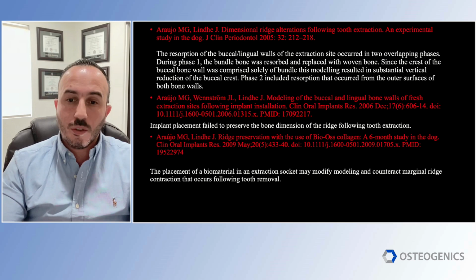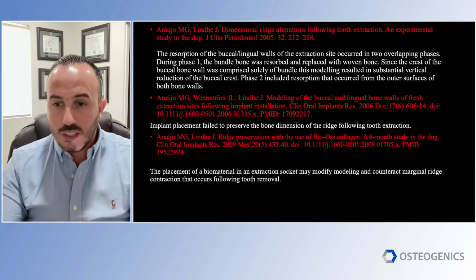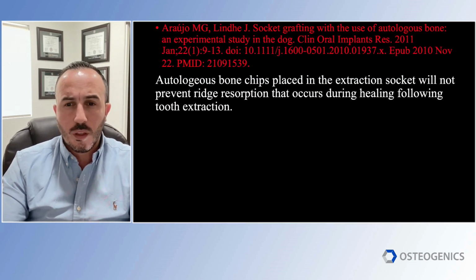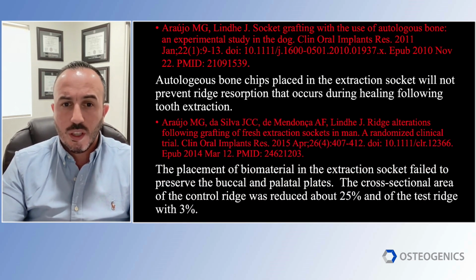What if we place a material with incomplete resorption, like Bio-Oss Collagen? Would that prevent it? It did a great deal in modifying and counteracting the ridge contraction, but at the same time, it did not prevent it 100%. What if we use autogenous bone? Same thing. We're still going to lose some bone and some bone width.